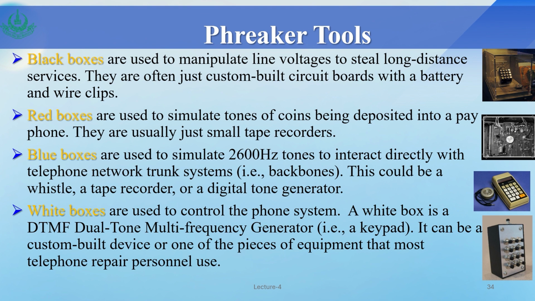A white box is a dual tone multi-frequency generator keypad. It can be a custom built device or one of the pieces of equipment that most telephone repair personnel use for repair and maintenance. So management should be aware of these tools and their effects as well.